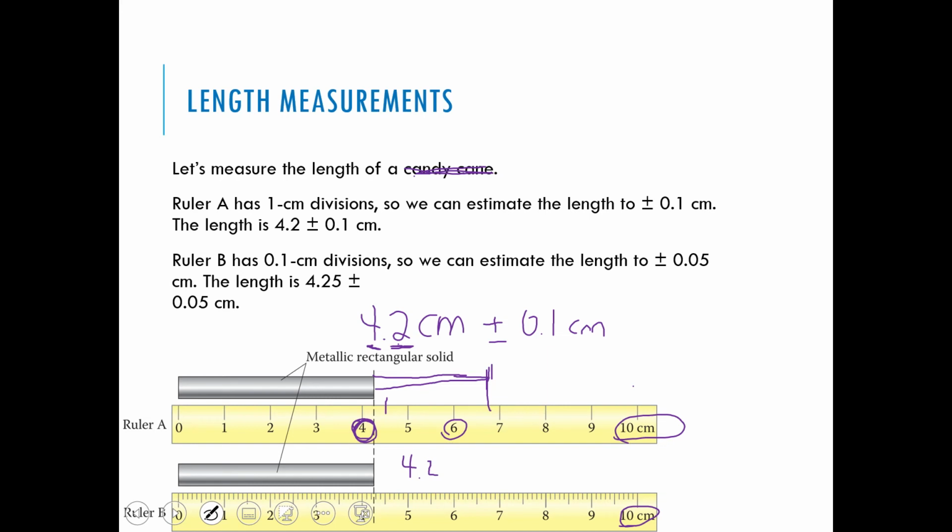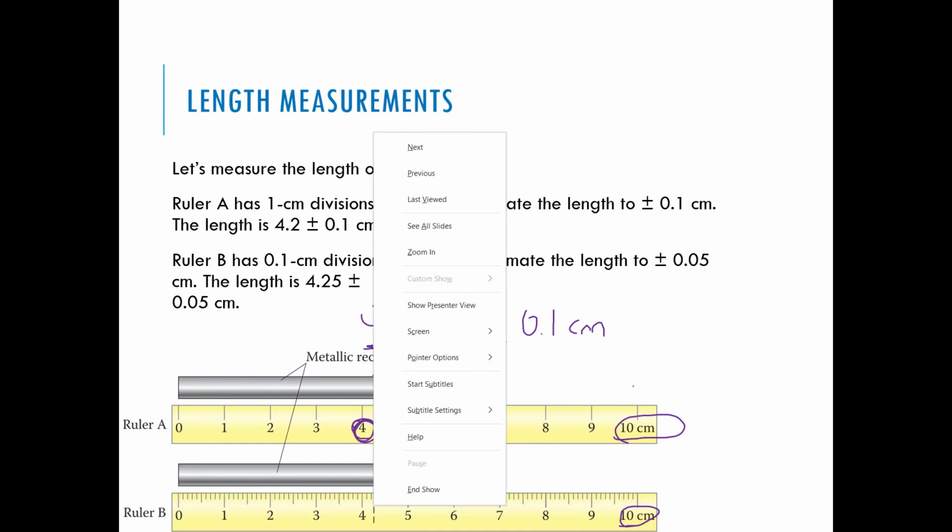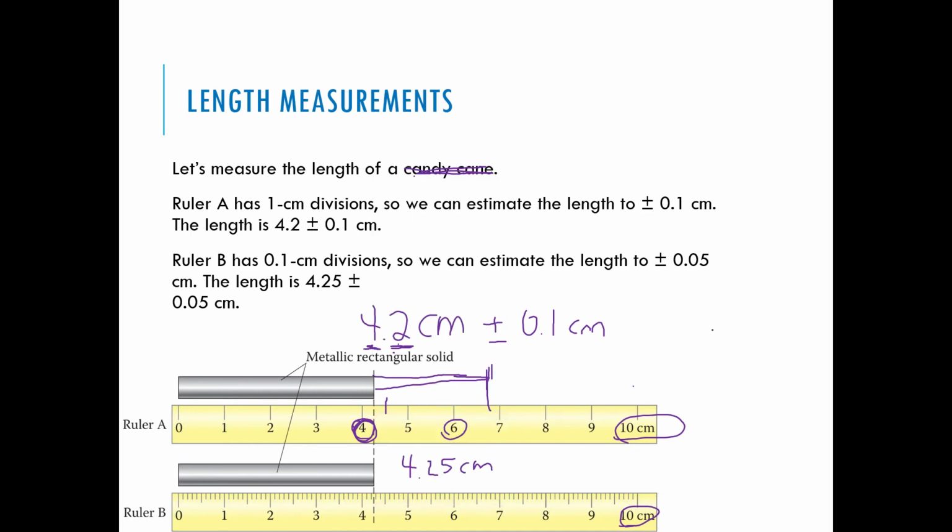I'm going to say that it's 4.25 centimeters. So I can estimate to the hundredths. I can be exact to the tenths versus ruler A, I was exact only to the whole number, and I was estimated to the tenths. Here, I can be exact to the tenths and estimate to the hundredth.